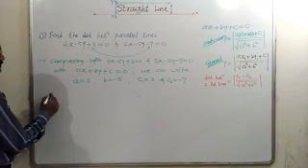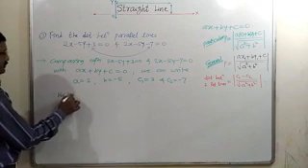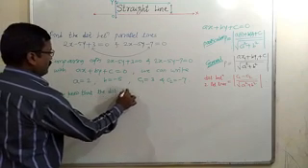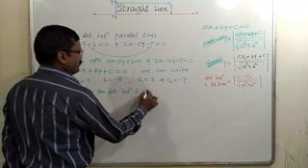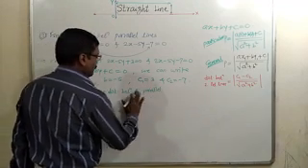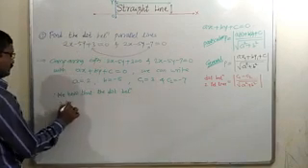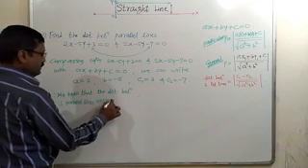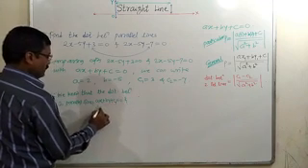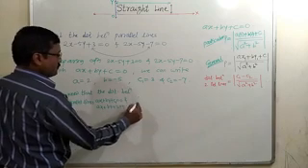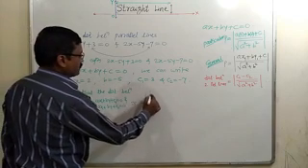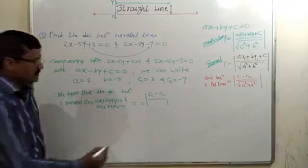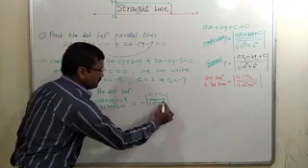Now we know that the distance between two parallel lines ax plus by plus c1 equal to 0 and ax plus by plus c2 equal to 0 is the modulus of c1 minus c2, or you can take c2 minus c1, upon the square root of a square plus b square.